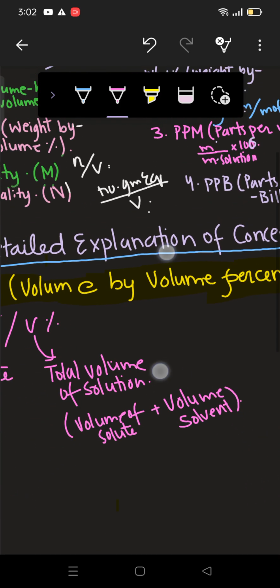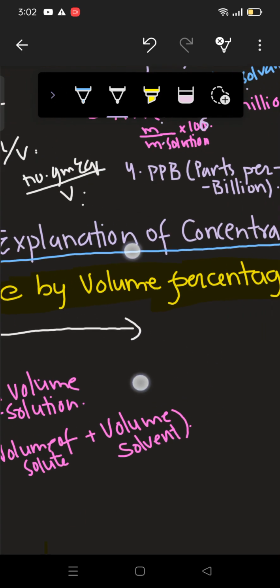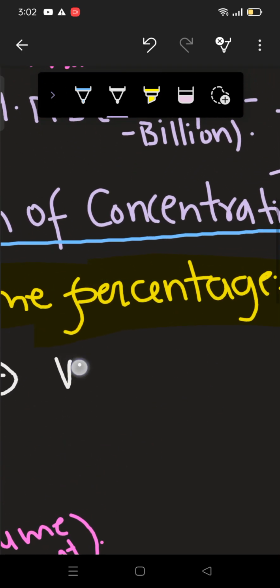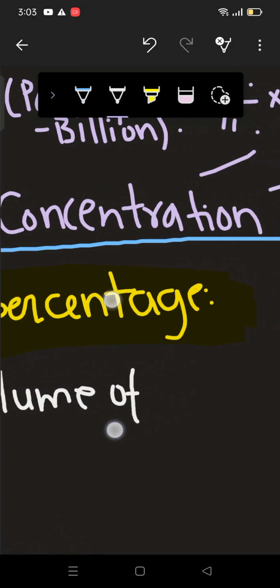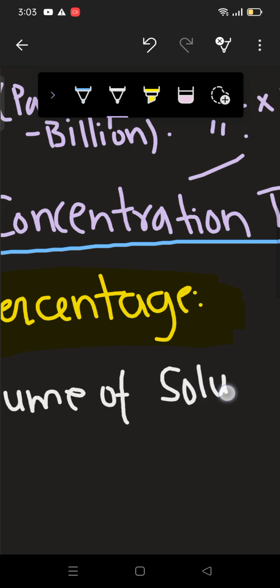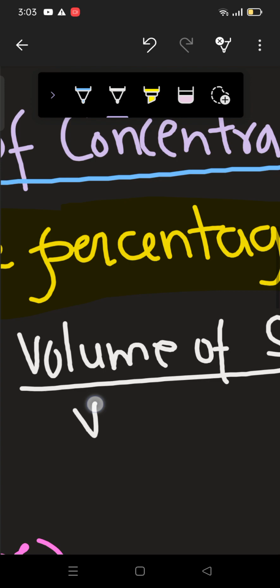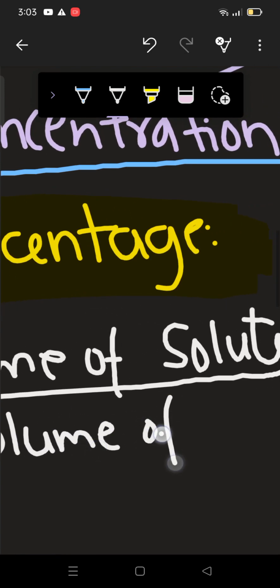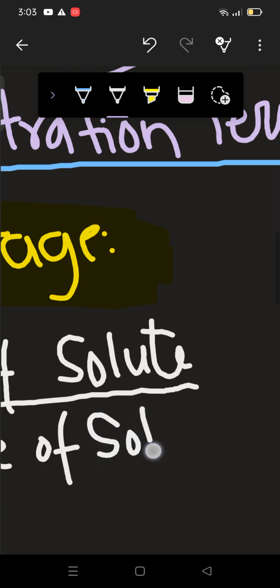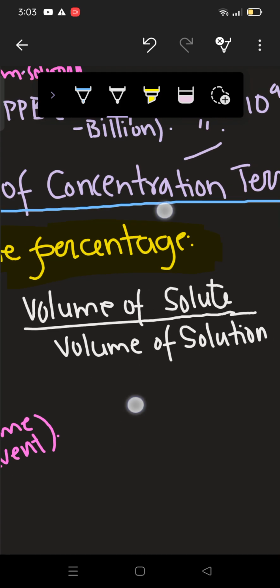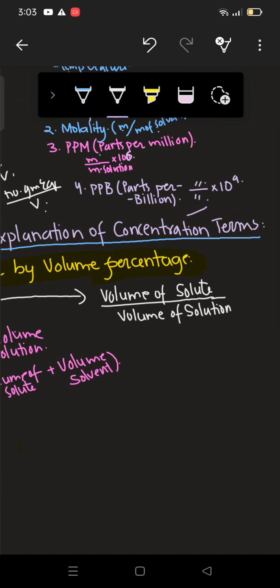Now see what the formula is here. The formula is volume of solute upon volume of solution, not volume of solvent but volume of solution. We have different terminologies.